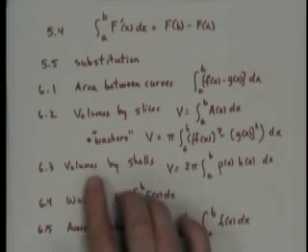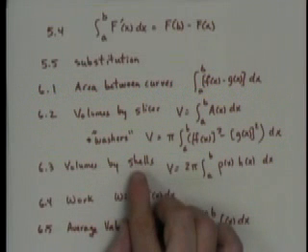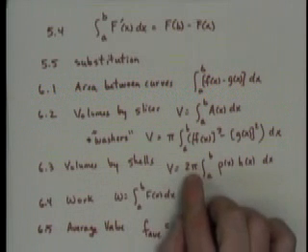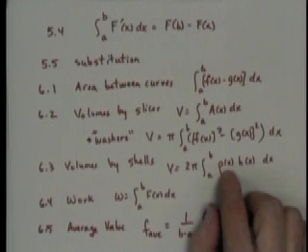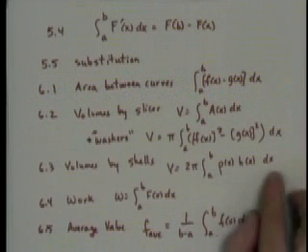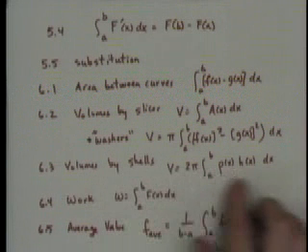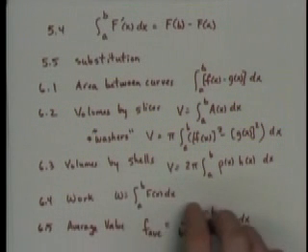Then we did the same kind of thing with volumes by cylindrical shells. So I need 2 pi r h: 2 pi, a function that represents the radius from the axis of rotation, and a function that represents the height of my shells. And that's doing volumes by shells. And we often compare these two. When was one easier than the other?